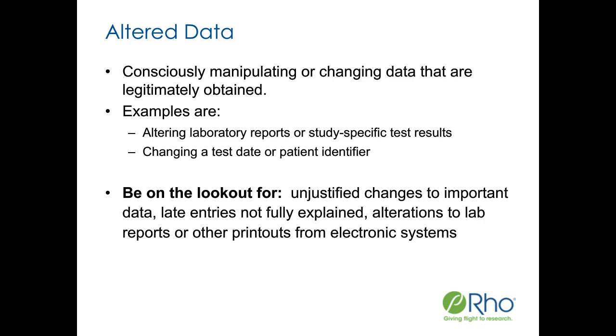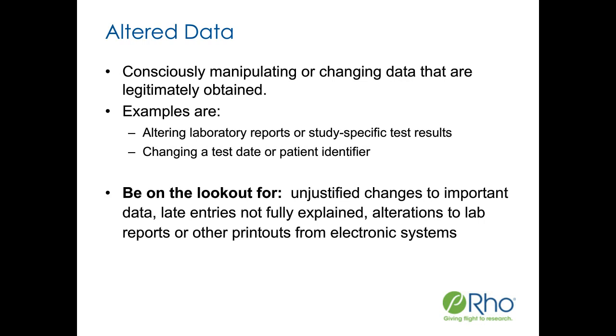One example of this would be if there was a study requirement for a normal ECG report to be eligible to enroll a participant, and an investigator took an ECG report and modified or falsified participant identifiers to make it appear that a report belonged to a participant to whom it did not belong.